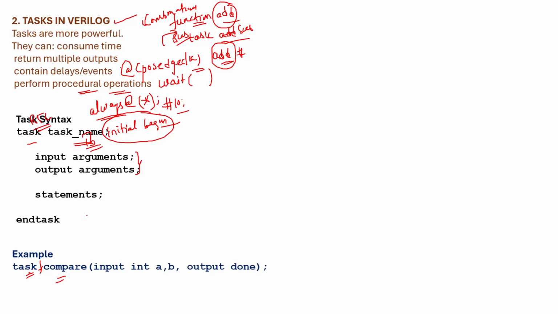Okay, in function there is no output statement, right? So only inputs we have mentioned, just simply written that return statement, we will write that a plus b, this output will be stored in this return type. Okay, here in task we are writing the input arguments and then output arguments also.